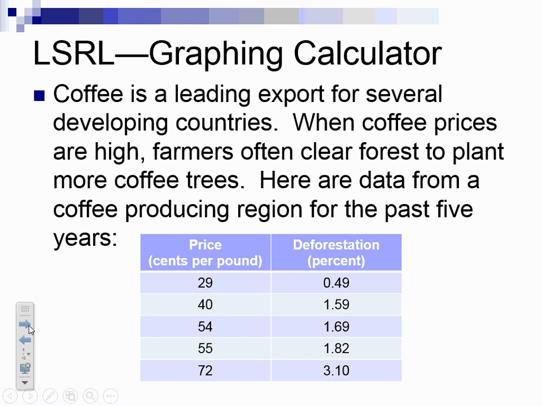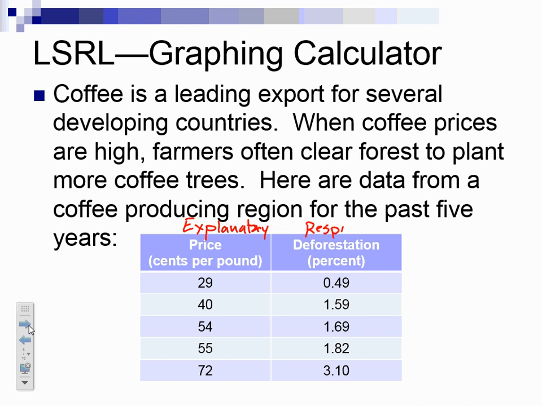If we take a look at this data, this is important to notice from the problem: it says when coffee prices are high, then they clear more forest, right? So when we're trying to determine what's our explanatory and what's our response, based on the wording of this problem, coffee price is our explanatory variable, and the deforestation percentage would be our response.